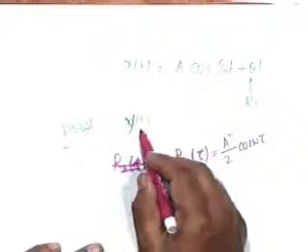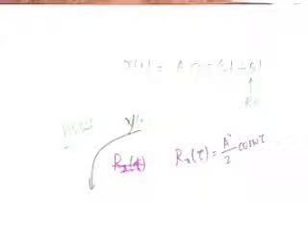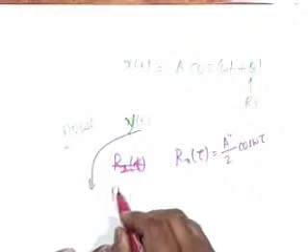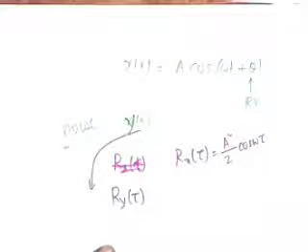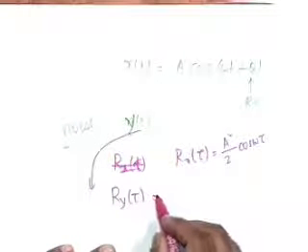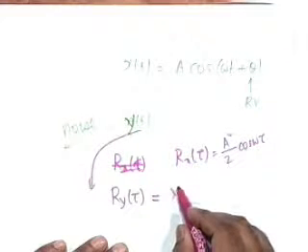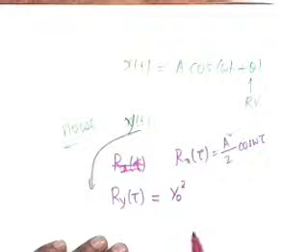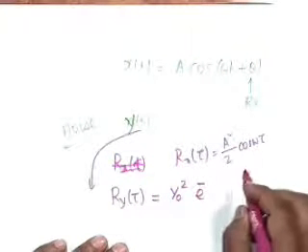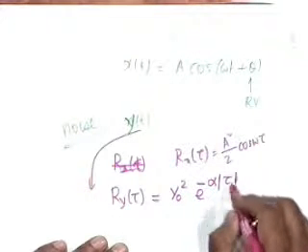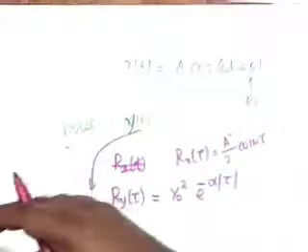Y of t, the noise component: usually the autocorrelation function of noise, Ry tau, decays with tau, and this decay can be modeled very accurately by an exponential process. Let's consider that this is of the form y0 squared e to the power minus some constant alpha mod tau. That is, tau positive or negative, it decays exponentially.